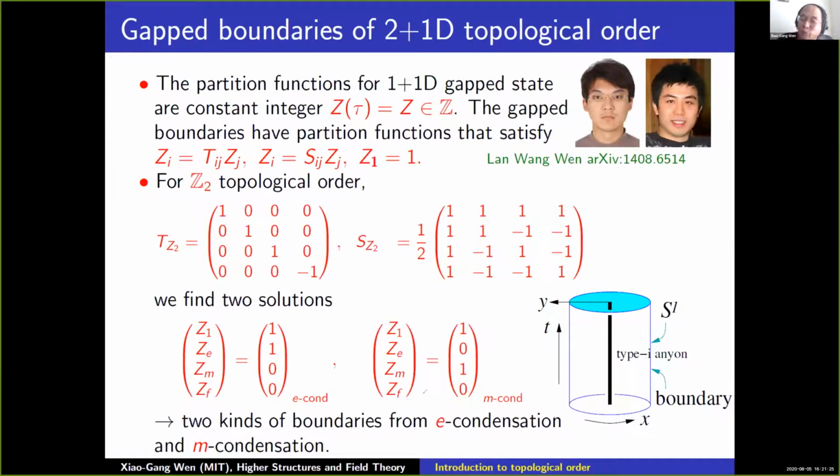I don't know how to view it that way, but I imagine there's a representation theory. One can find a representation of the quantum double. In some sense, solving this equation is a little bit like looking for a representation of the quantum double. And the simplest representation is this.